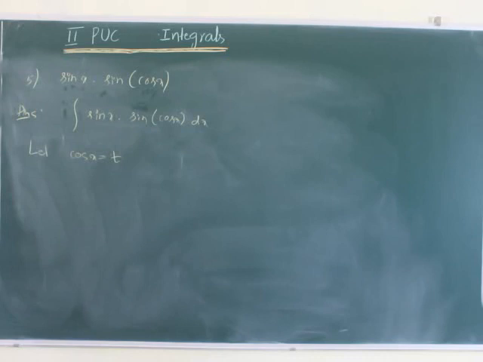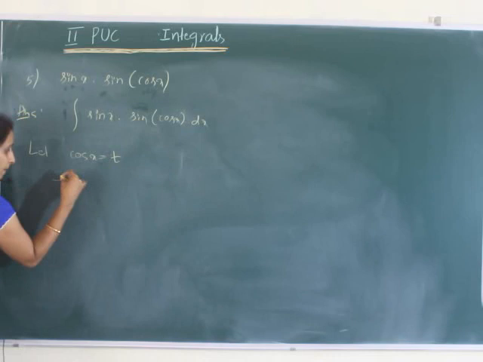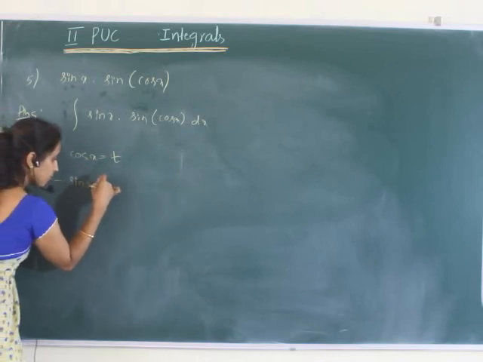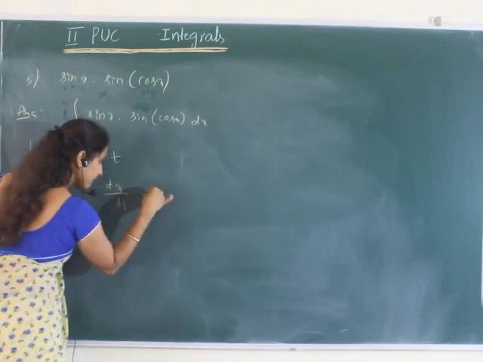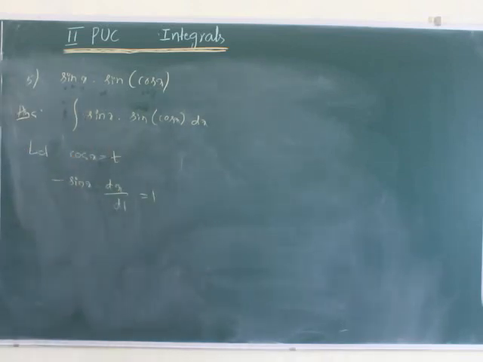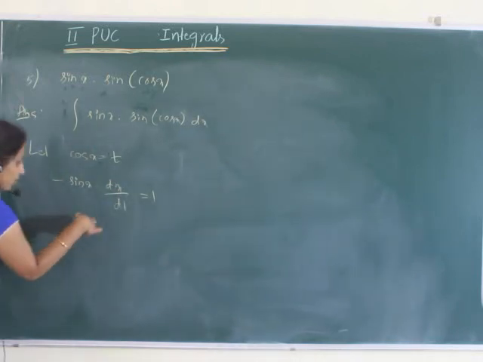After that, find the derivative with respect to t. The derivative of cos x is minus sin x, so minus sin x dx by dt equals 1. We want only dx.